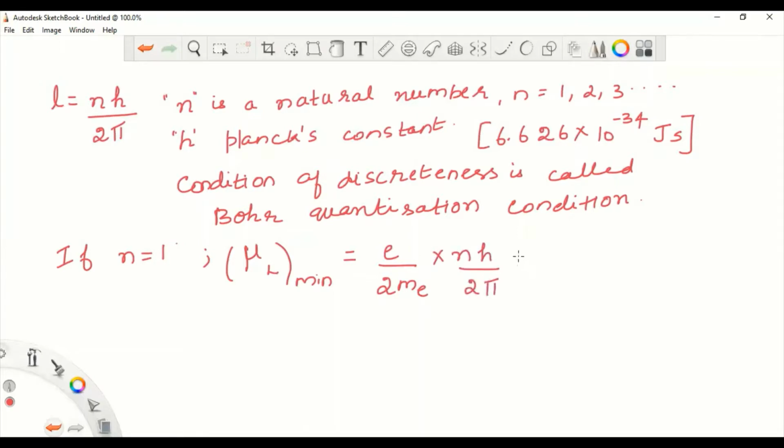If n is equal to 1, we get e divided by 4 pi me into h. Now we substitute all the values: e is 1.6 into 10 power minus 19, and h is 6.634 into 10 power minus 34.